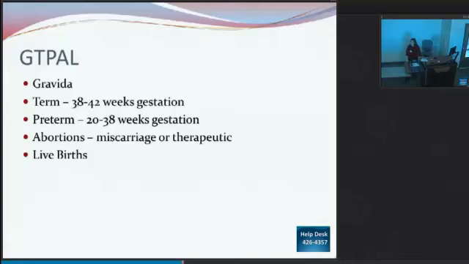Just so that you know, a miscarriage is, in medical terminology, considered an abortion. So miscarriages versus therapeutic abortions kind of fall into the same realm. And then we look at live births. You can see the beginning initials of each one of those spell out GTPAL.